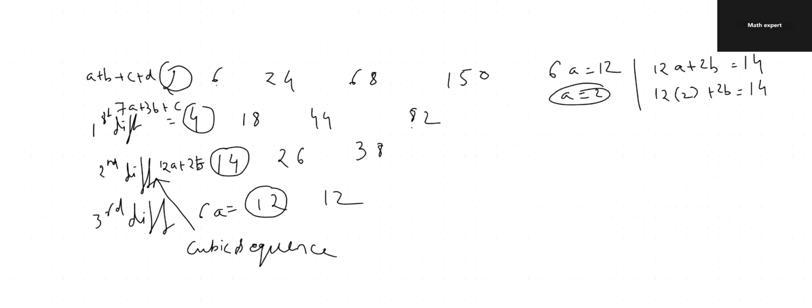So 12 into 2 is 24 plus 2b is equals to 14. Now here 2b is equals to 14 minus 24. So once you do this, 2b is equals to 14 minus 24 is how much?